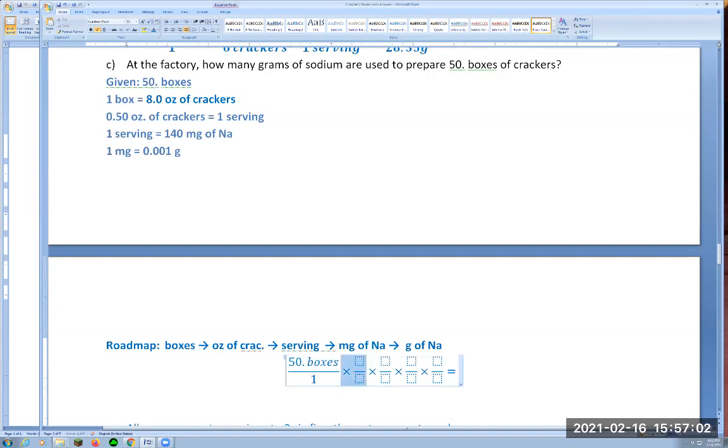Then you multiply by all the conversion factors. You want to cancel units of boxes. So for the next conversion factor, you want to use the equivalence that has the box unit, and you want to put the box on the bottom here because this way you can cancel the units of boxes. So on top, it's going to be 8.0 ounces of crackers.